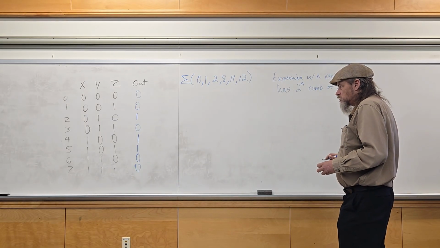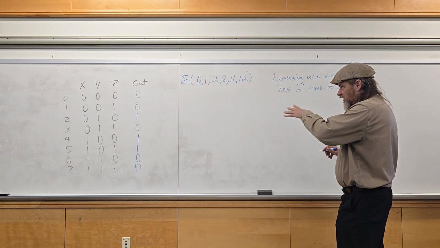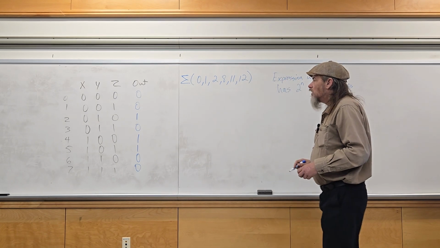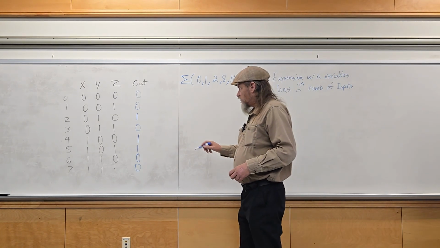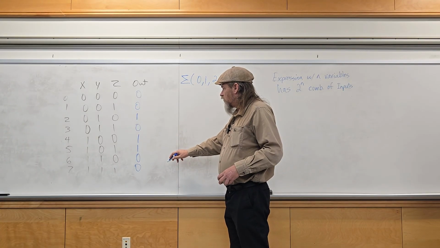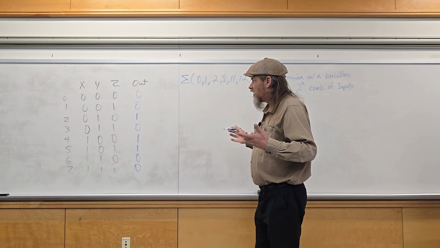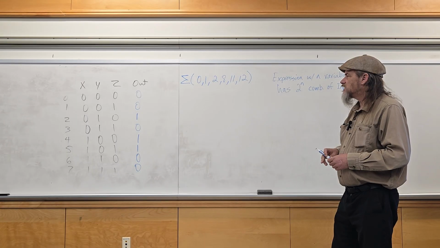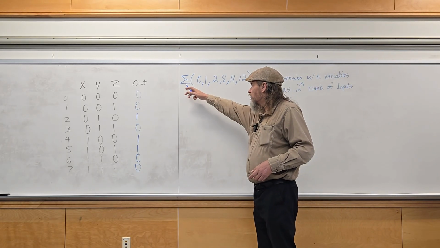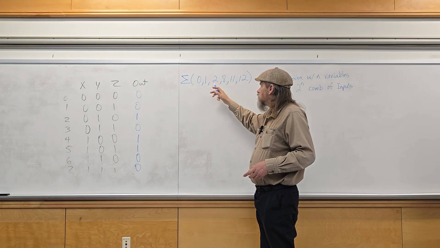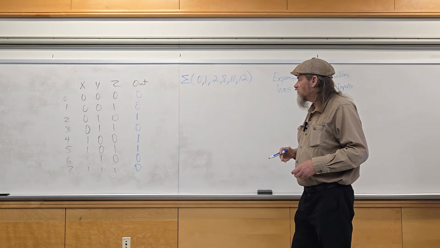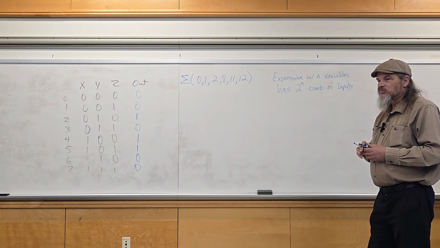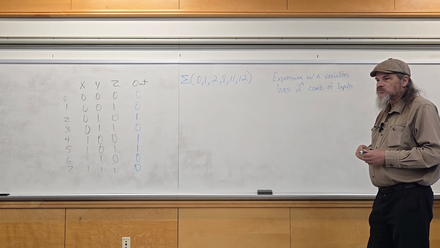I don't have the space the way I have this laid out to do all 16 combinations on the board, but you would do the 16 combinations of inputs, W, X, Y, Z, or A, B, C, D, doesn't matter, and put the ones, because this is a sum, in the 0, 1, 2, 8, 11, and 12 positions, zeros everywhere else, and then create your minterms from that state table.